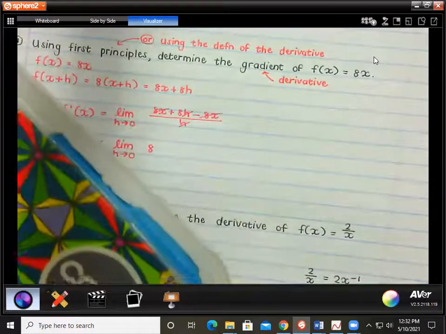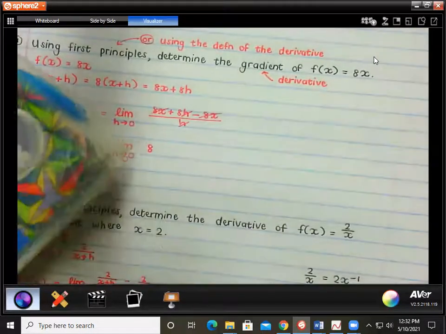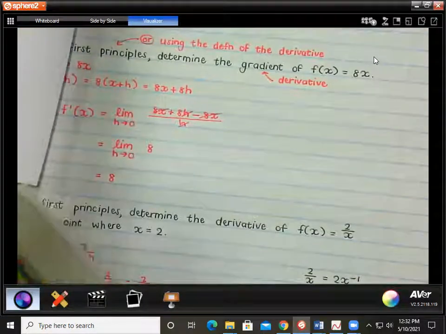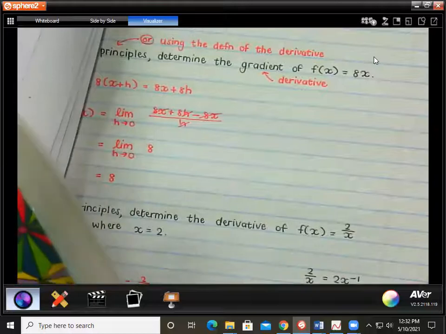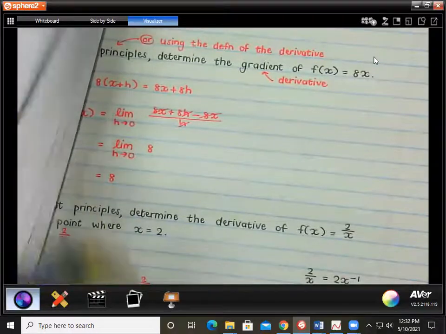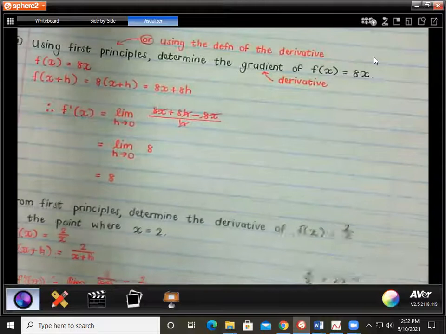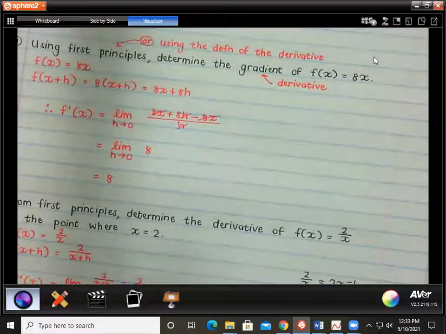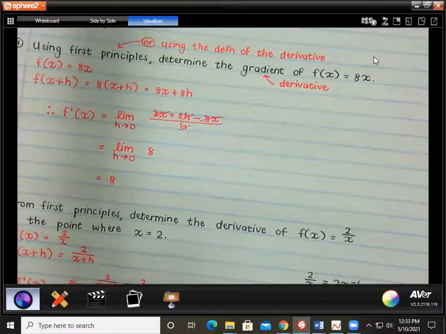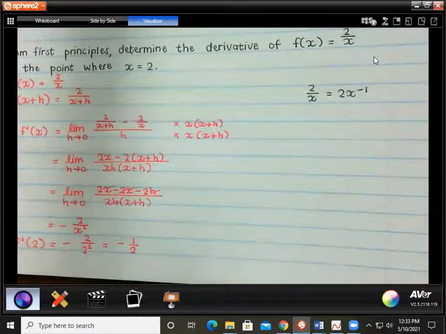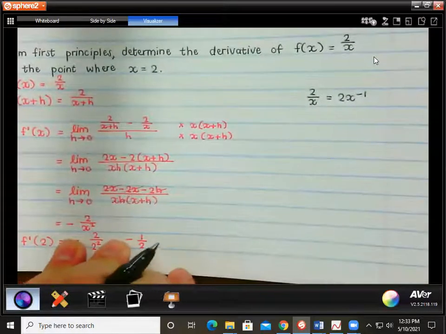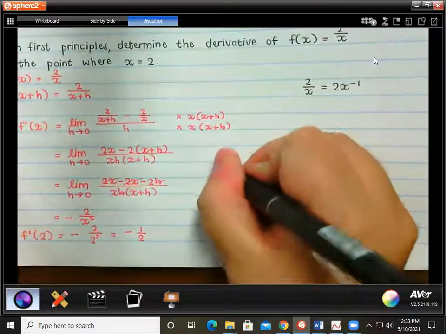All right, for first principles, we are looking at exercise 8.4. Okay, guys, write this down, please.